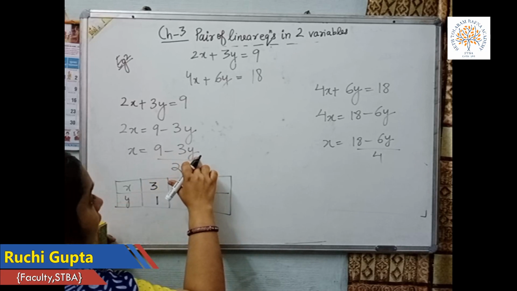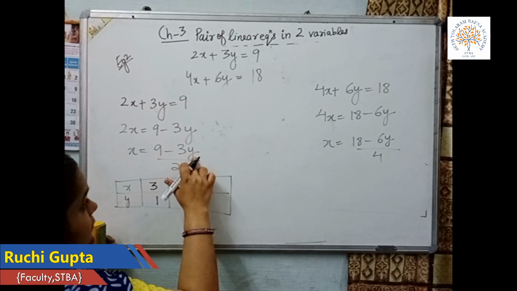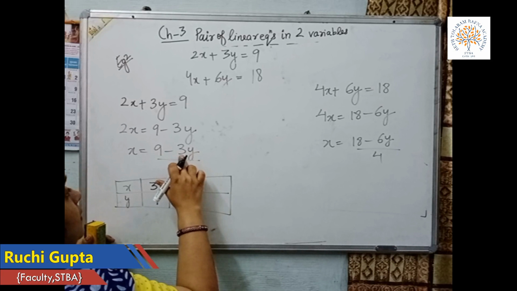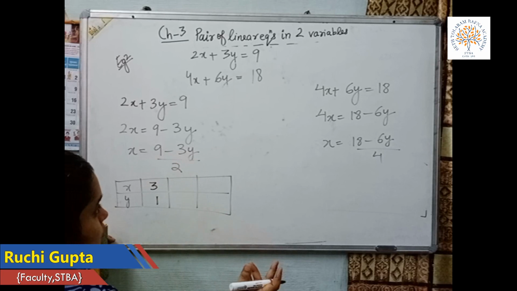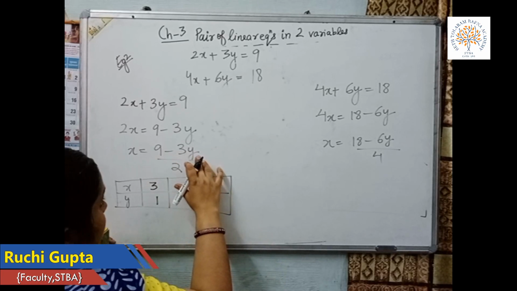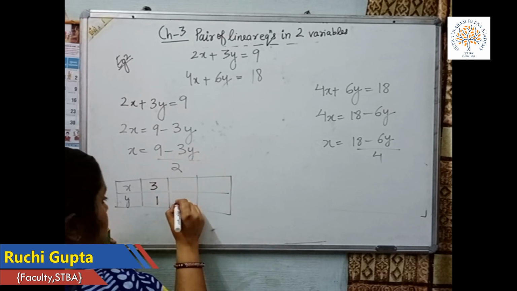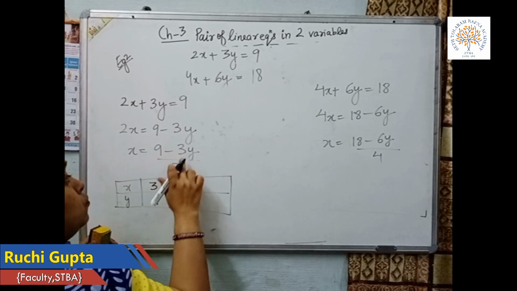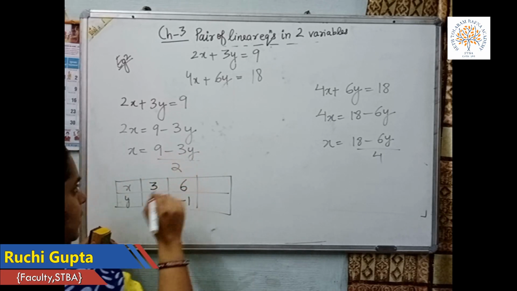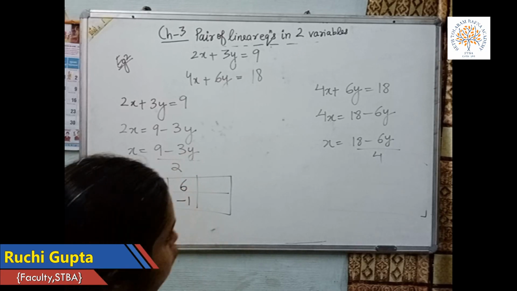If I take y as 2, then it is 9 minus 6, 3 upon 2. It will also be a fraction. If I take y as minus 1, then it is 9 plus 3 upon 2, 12 upon 2 is 6. Okay. So take these 2 points only.